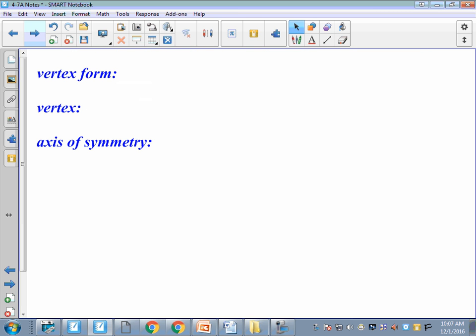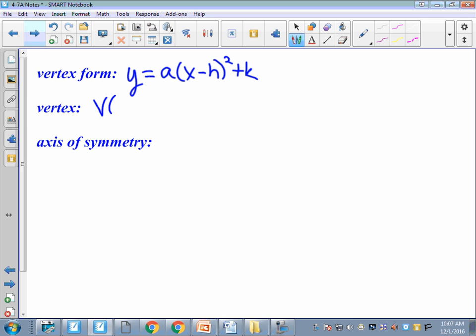Okay, so vertex form is of the form, one more time, y equals a times (x minus h) squared plus k. When a quadratic is given in vertex form, we can't really see the y-intercept anymore. There is no c value, but what we are staring at is the actual vertex. The h number shifts us to the left and to the right, and the k shifts us up and down, so we are staring at our vertex.